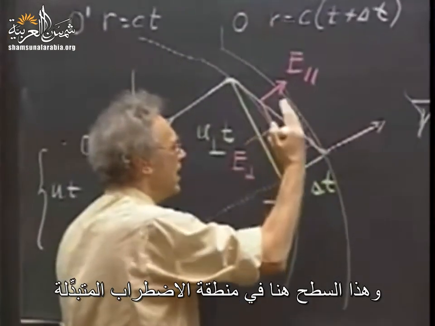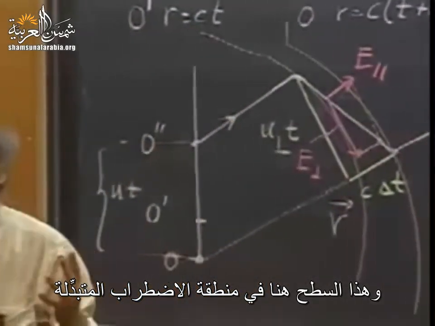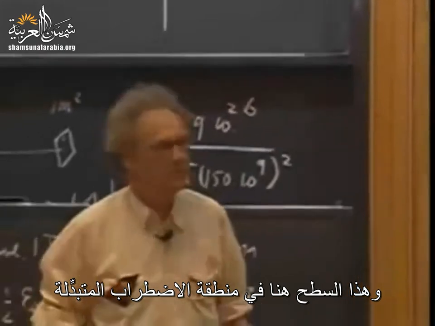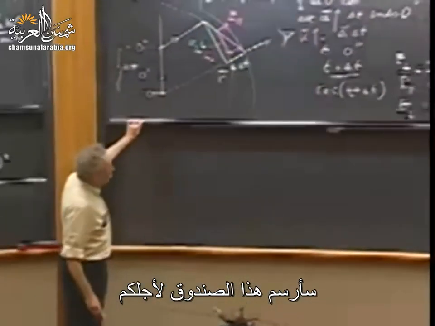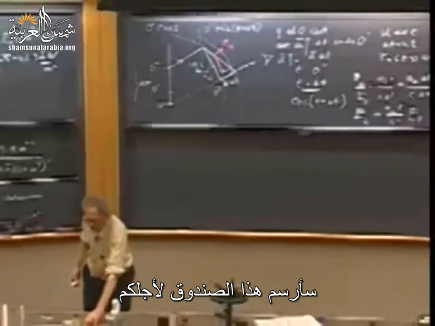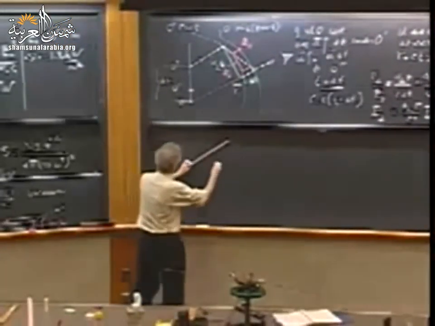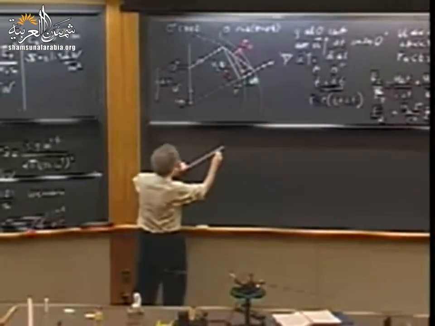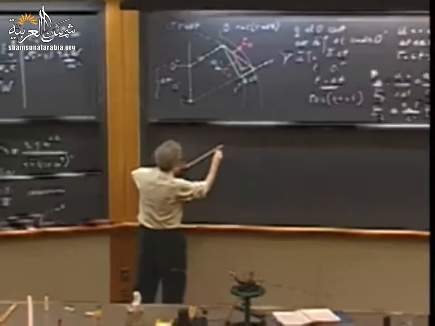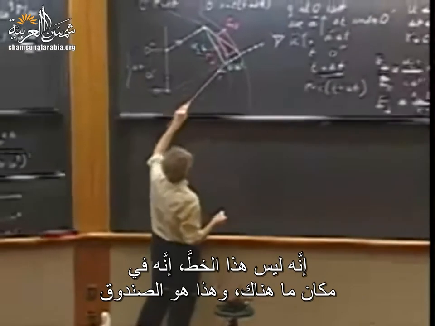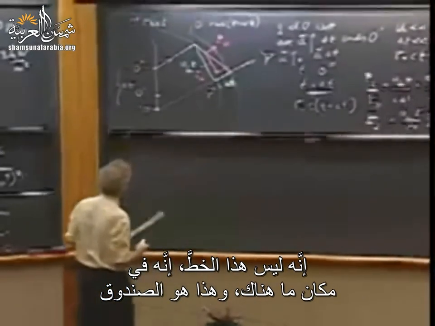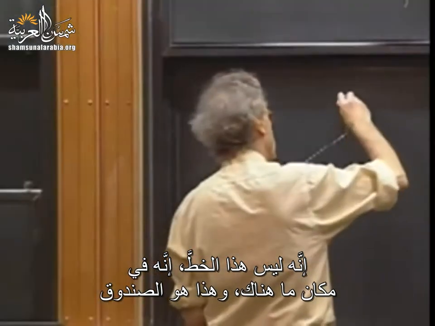And this surface here is in the world which is in turmoil, which is in the transition. And so I'm going to make that pillbox for you. And so I draw here again this. This is a line that goes somewhere to this point here. It's not this one, it's somewhere there. And here is my pillbox.